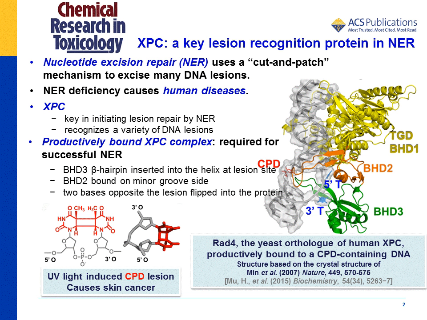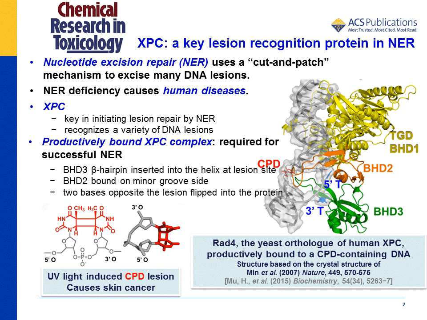Nucleotide excision repair (NER) uses a cut-and-patch mechanism to excise many DNA lesions. The NER machinery excises a 24 to 32 nucleotide long oligonucleotide that contains the lesion. The gap DNA sequence is restored by DNA polymerases using the undamaged strand as template.